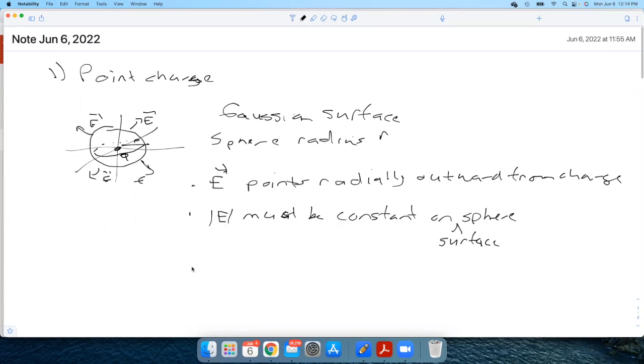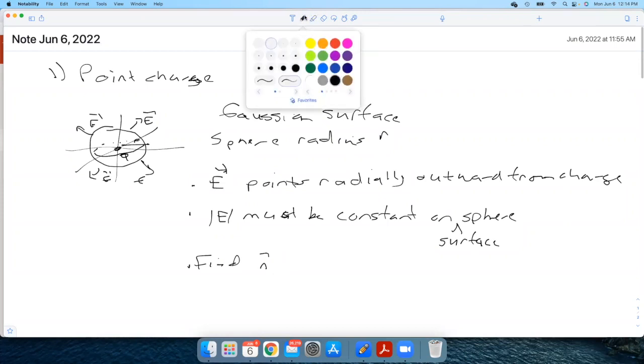Okay, next we find our normal vector, our vector perpendicular to the surface. I'm going to draw that in a different color. Maybe blue. So let's draw in some of our normal vectors perpendicular to the surface. They're going to point out like this.